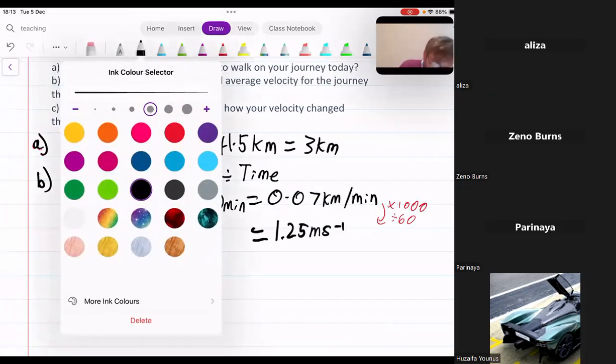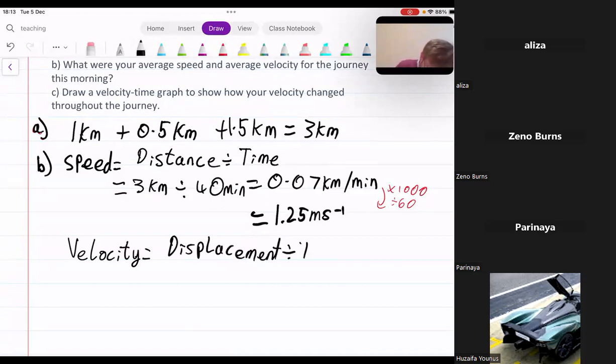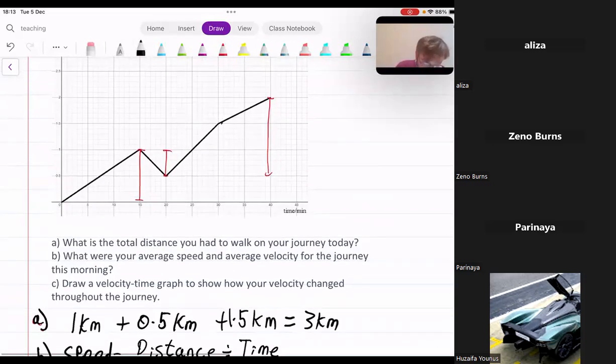But we also wanted to work out the average velocity. So the velocity equals displacement divided by time. The total displacement, the total distance between your home and school, is 2 kilometers.